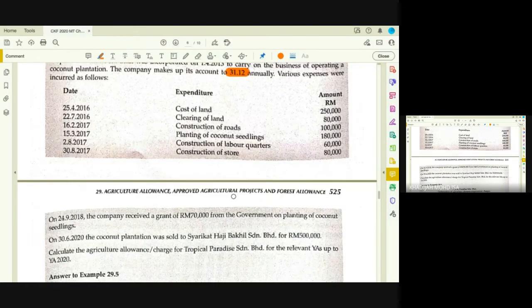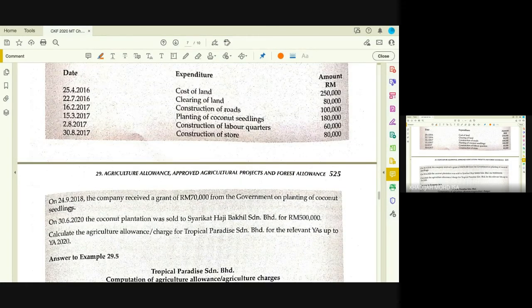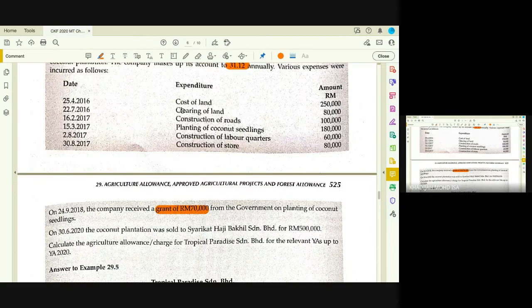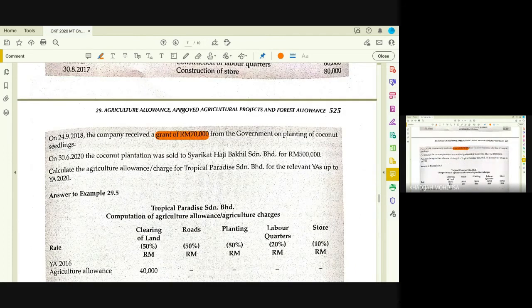And then on 24th of September 2018, you receive a grant of 70,000. Remember that a grant received after this is no longer treated as a balancing charge.